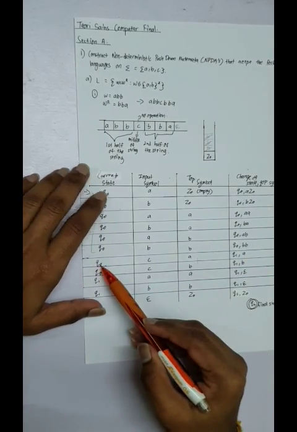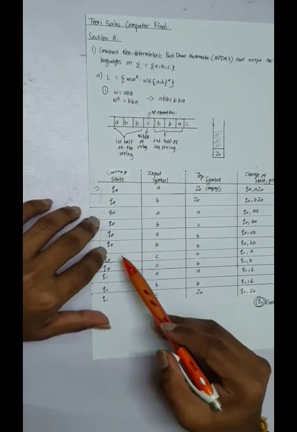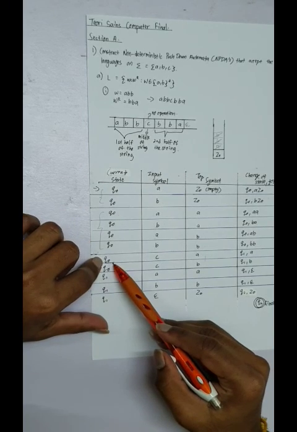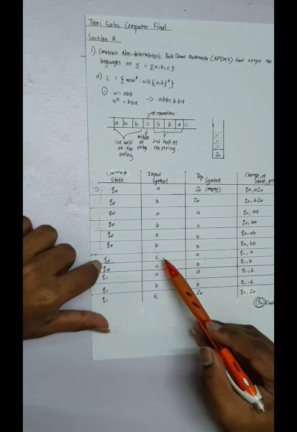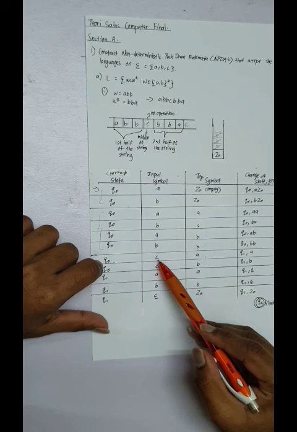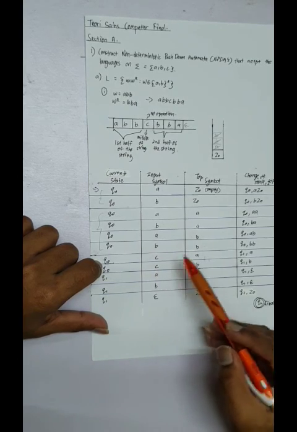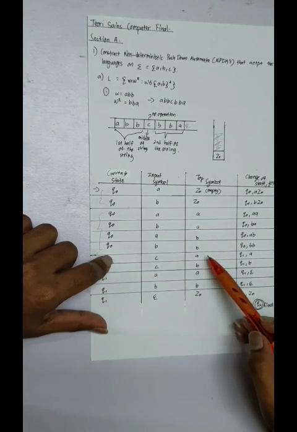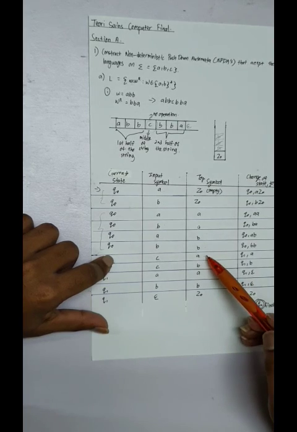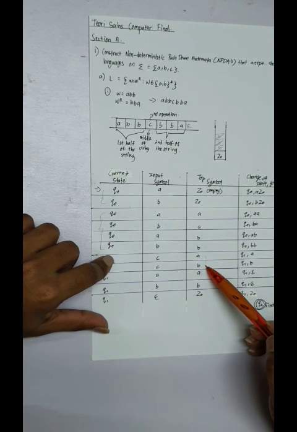So when the automata reads, the current state remains the same, and when the automata reads c, the top symbol may be b or a.